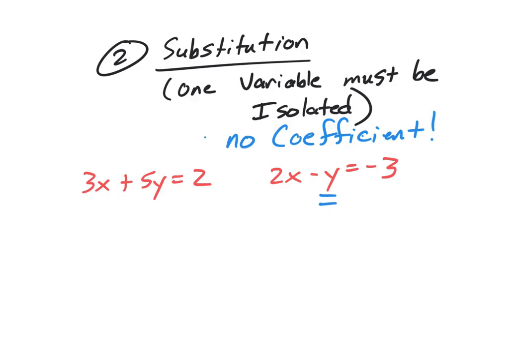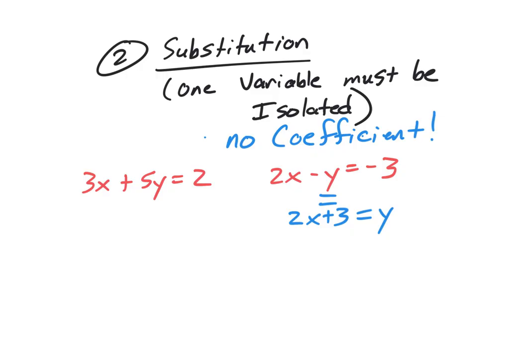This y has a 5. This x has a 2. The y doesn't have a number in front. So that's going to be the easiest one, because then I don't have to do any multiplication or division to get it by itself. So I'm going to flip-flop, kind of like I did just a second ago. I'm going to add y to this side. I'm going to add 3 to this side. And this becomes 2x plus 3 equals y.